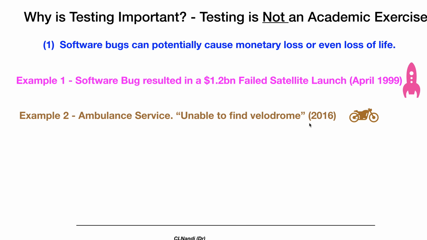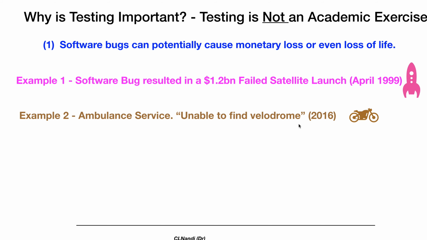In 2016, an ambulance service in the UK was unable to find a velodrome. A velodrome is where cyclists were cycling for racing and sporting purposes. And the ambulance service was unable to find it because their sat-navs had not been updated. They did not have the right software, basically, or the right data.